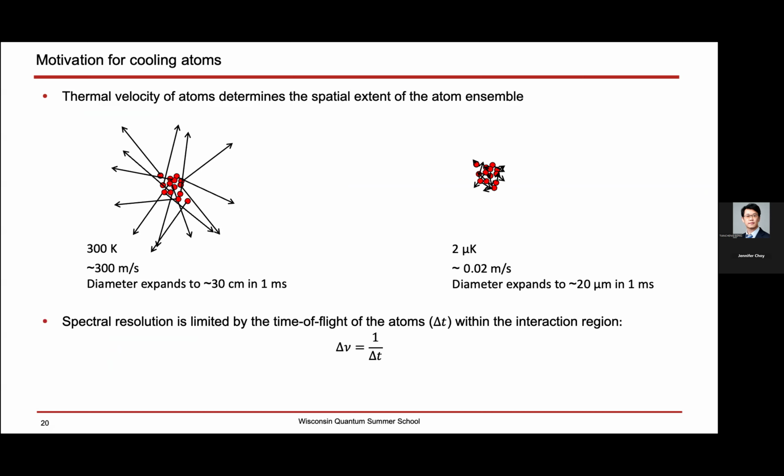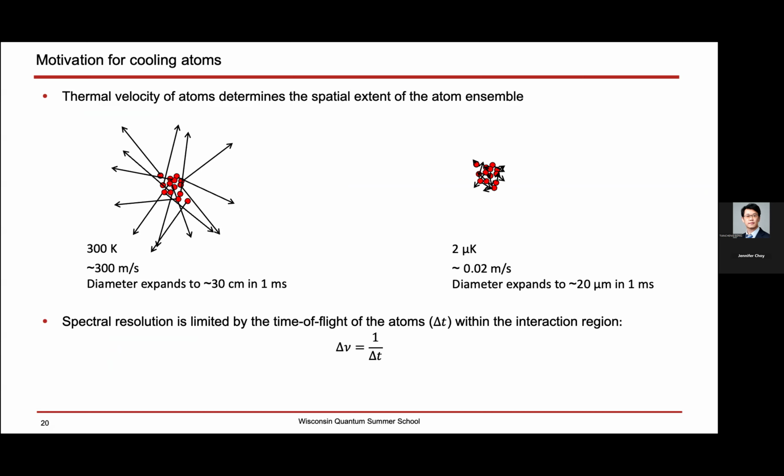And so hopefully this gives you a little bit of motivation on why sometimes you may want to cool down atoms. You really see that motivation probably when you hear Professor Saffman speak about the whole idea of neutral atom quantum computing, which is to cool and trap these atoms so that they are in a location that you can readily address with lasers.